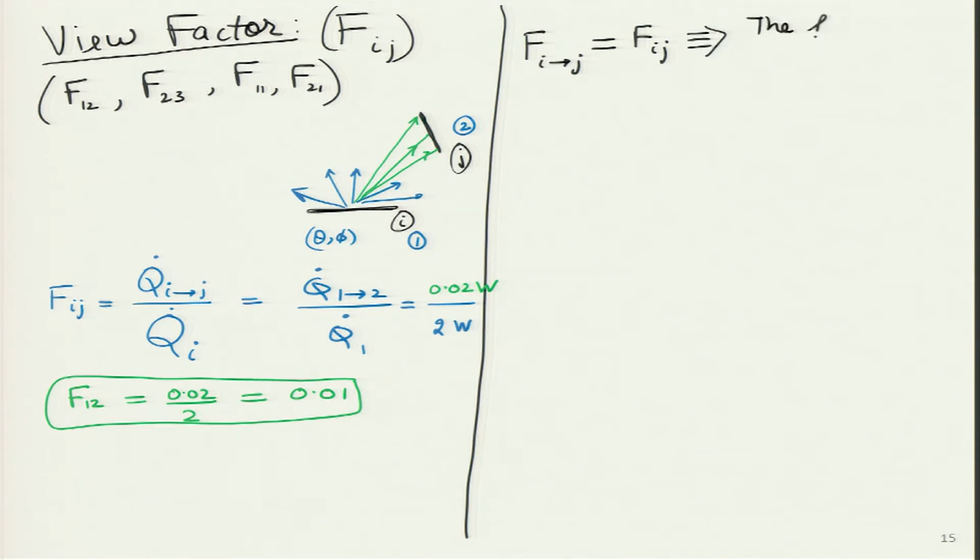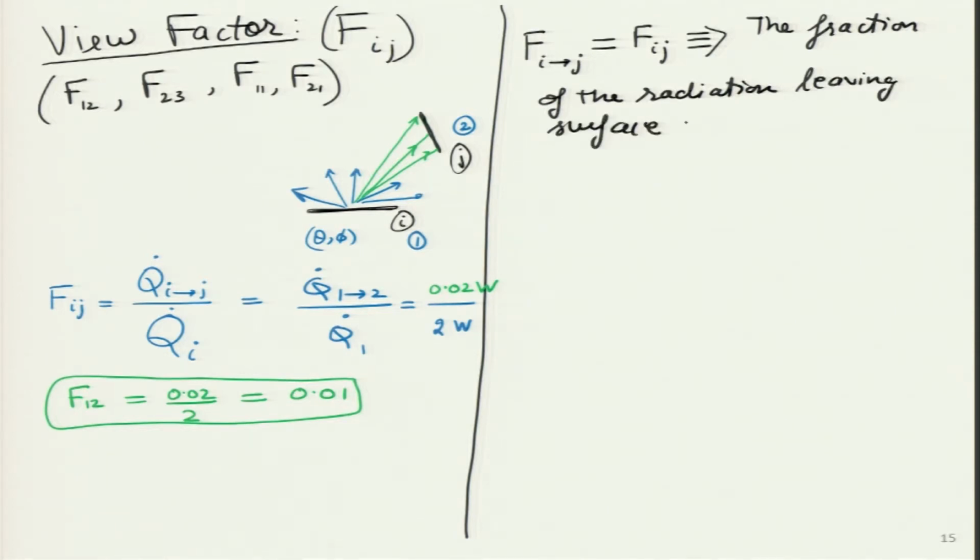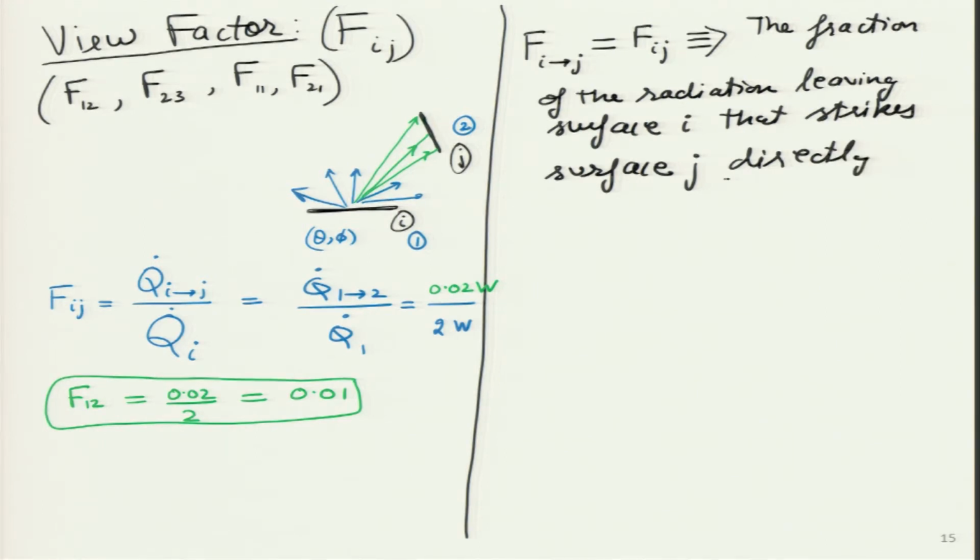It is the fraction of the radiation leaving surface i that strikes surface j directly. The most important word over here is directly.